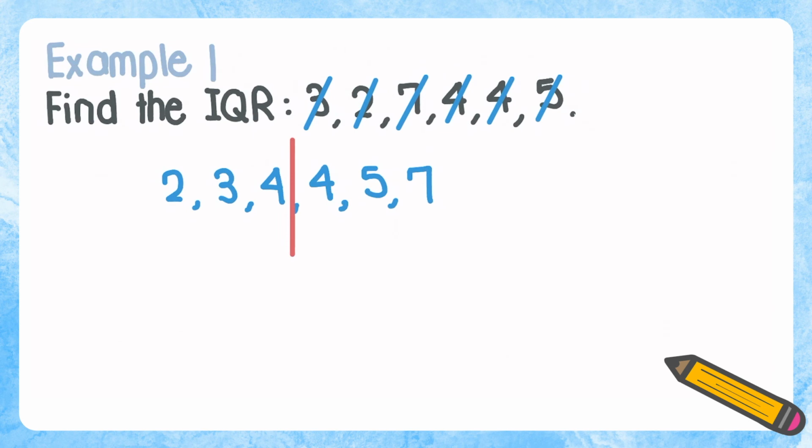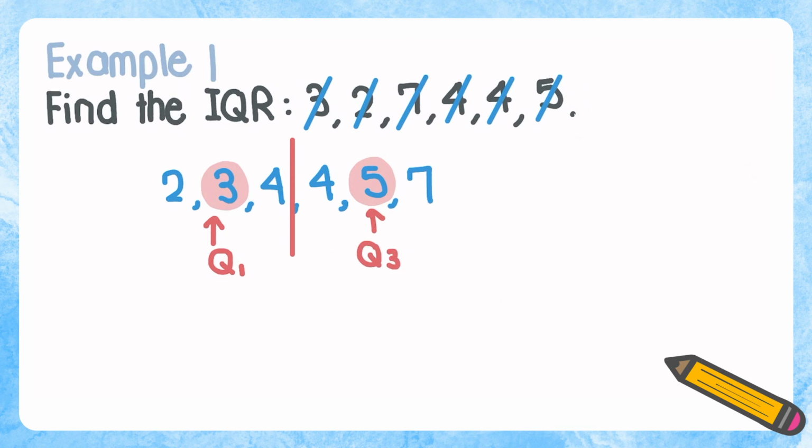Remember here, we include the left 4 in the lower half and the right 4 in the upper half, since the median is technically somewhere in between. The middle of my lower half is 3, the middle of my upper half is 5. So that's saying that Q1 is 3 and Q3 is 5.